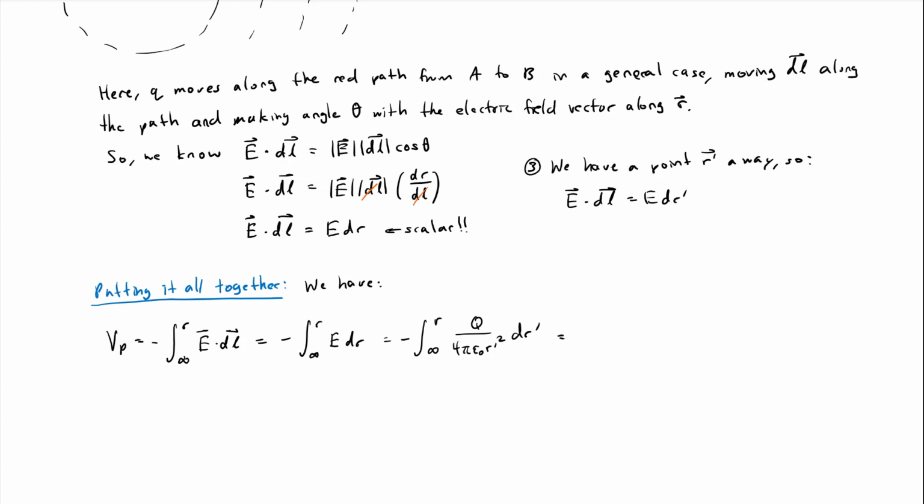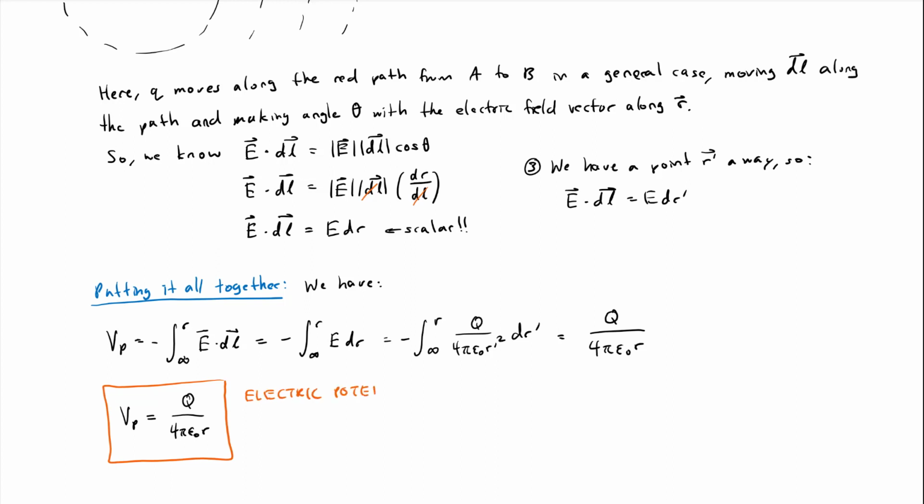And if you solve that using limits and integrations, you're going to end up with q over 4 pi epsilon naught r. So therefore we have an equation for the electric potential due to a point charge, and that's q over 4 pi epsilon naught r. So we'll say electric potential due to a point charge.